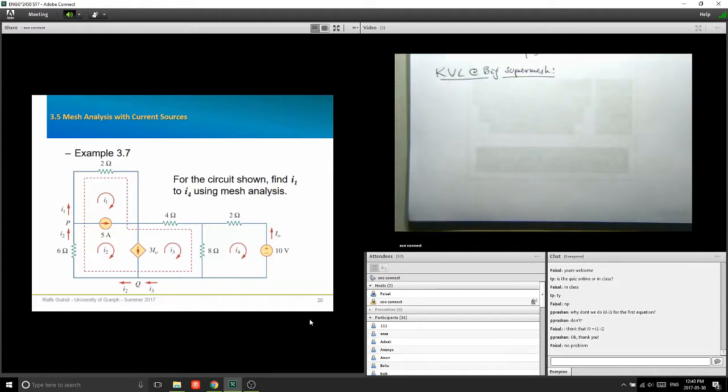So KVL around the big super mesh. If I start at the bottom left corner, what do I have? I have a drop of 2.